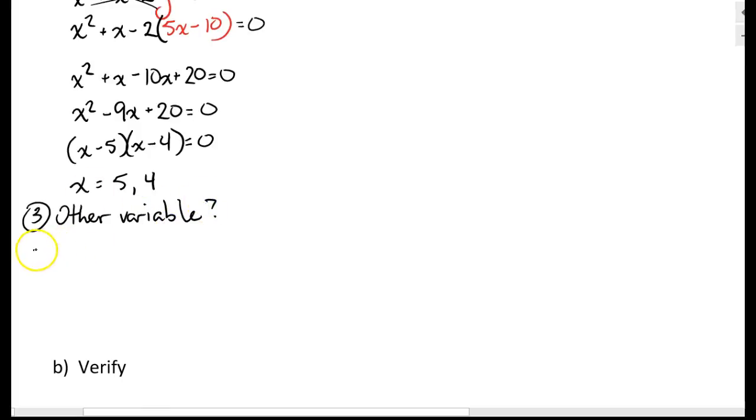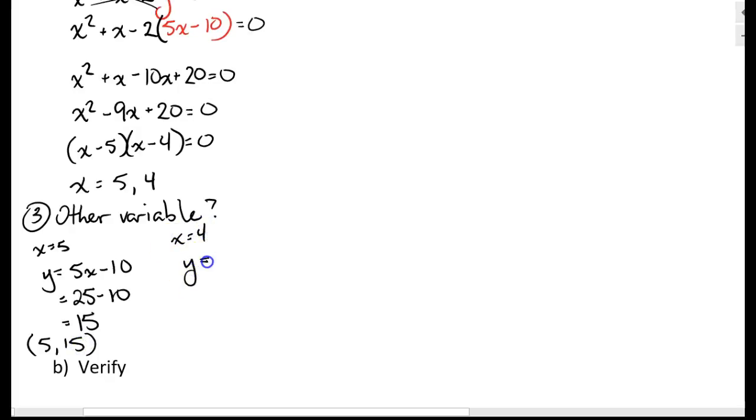Option 1, when x equals 5, y equals 5x minus 10, so it's going to be 25 minus 10, or 15. So that's one solution, 5 and 15. My other solution is going to be y equals 5 times 4 is 20 minus 10, which is 10. So 4 and 10. So those are my two solutions.